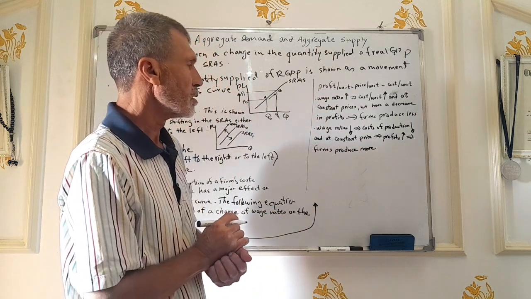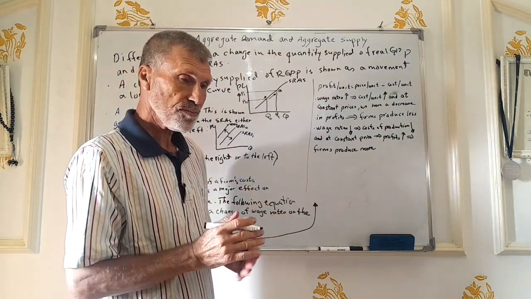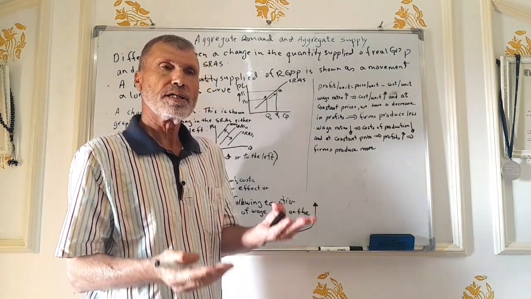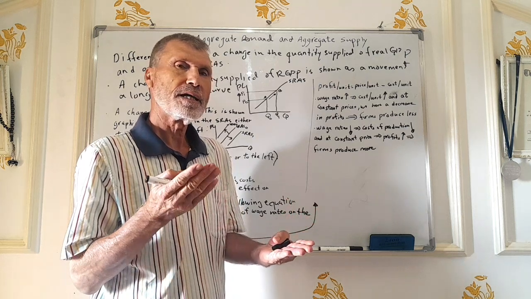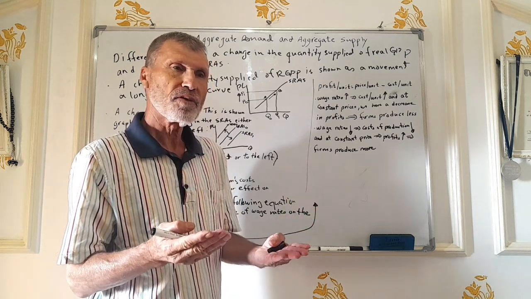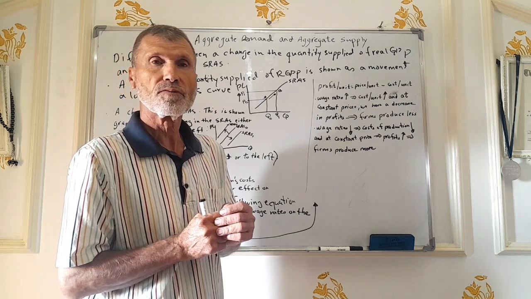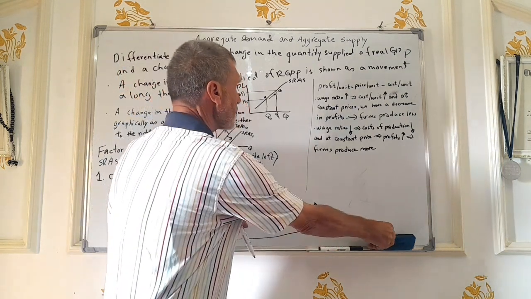Firms produce more. So actually, as you can see, a rise or fall in the wage rate has an impact, effect, or influence on the position of the short-run aggregate supply curve, as we see graphically.